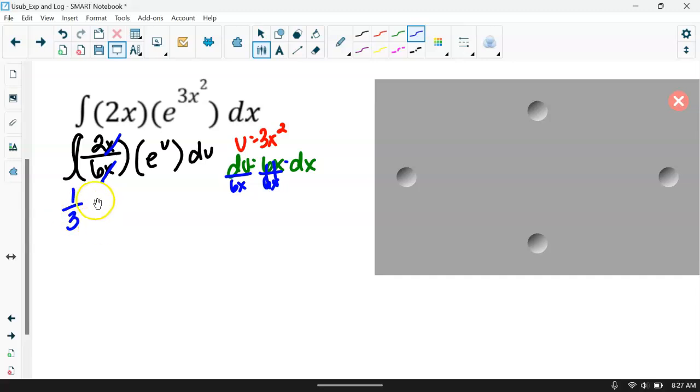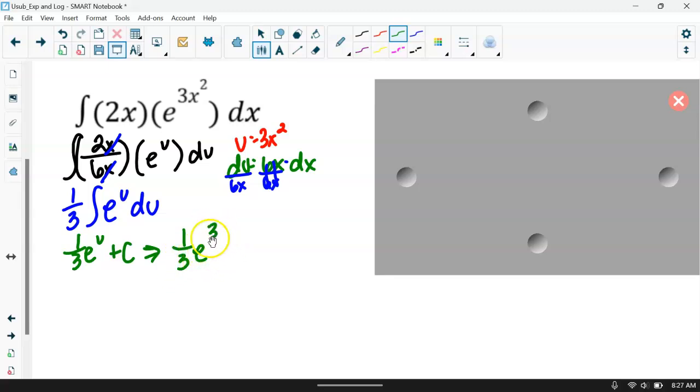So this is finding the integral of 1/3 times e to the u du. So notice it's just simplifying. And then here we go. Integral again of e to the u is e to the u. So 1/3 times e to the u plus c. So after substitution, 1/3 times e to the 3x squared power plus c.